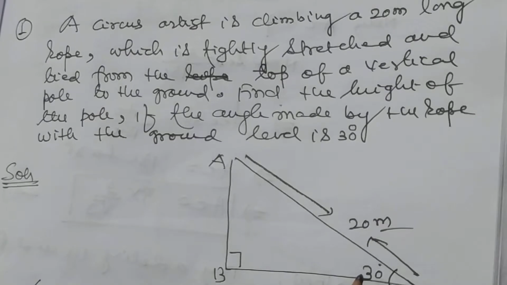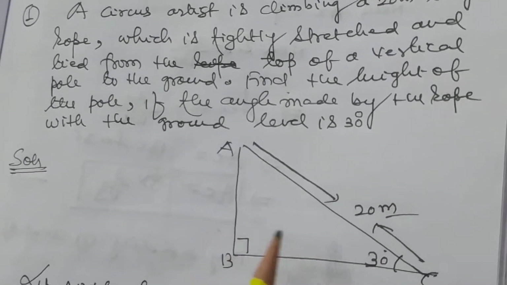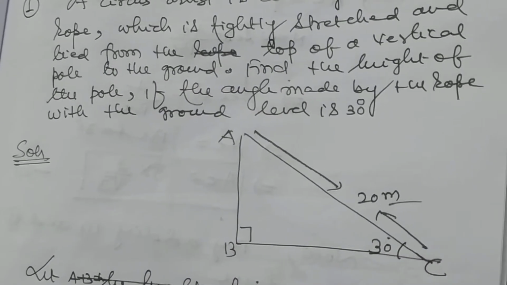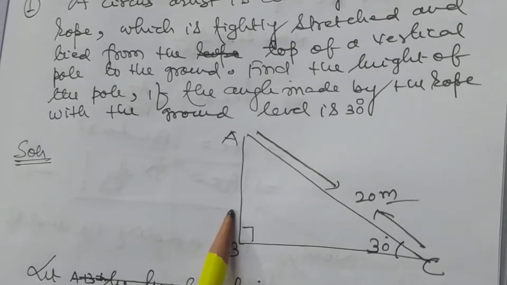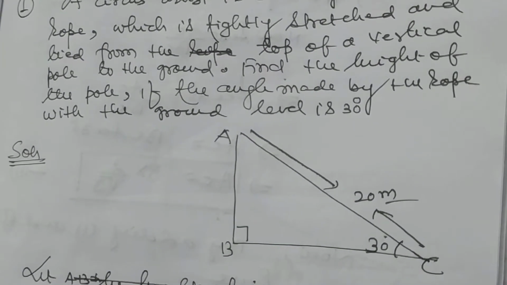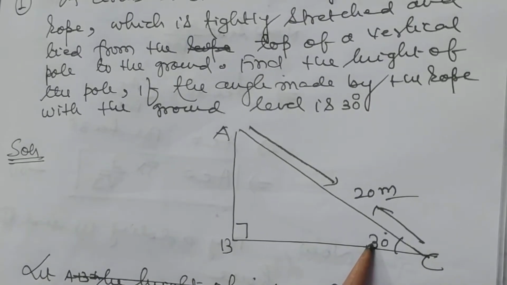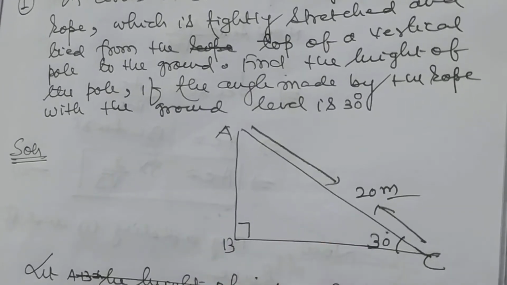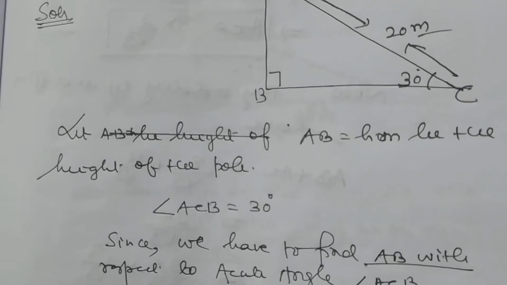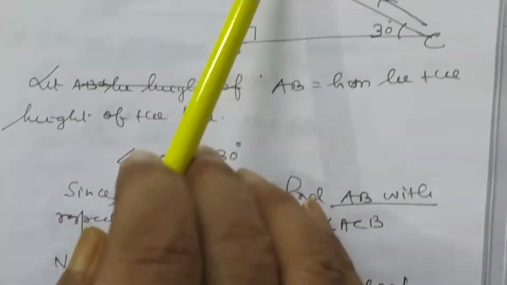And consider and find the ratio with respect to the acute angle. What will be its ratio? Make it more clear. Suppose you have to find AB and AC is given in this figure. So AB by AC with respect to this angle, AB by AC is P by H, and here we will take sine 30 degree.